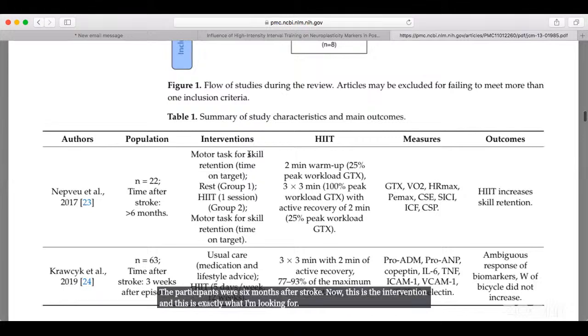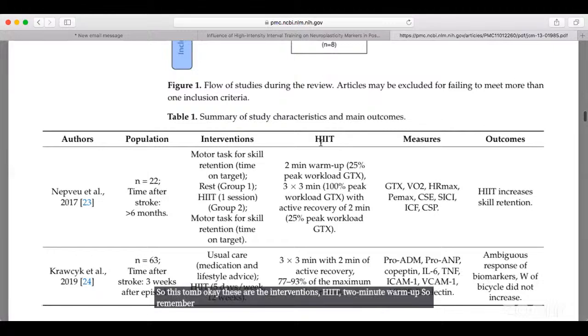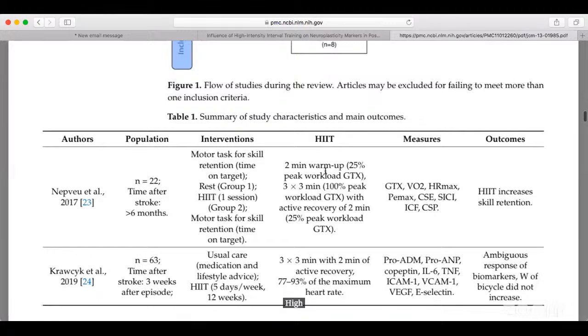Motor task for skill retention, time on target, rest, group 1. HIIT, that's what we're looking for. 1 session. Group 2, motor task for skill retention, time on target. So this is the interventions. HIIT, 2-minute warm-up. So remember, it's an exercise, high intensity exercise.